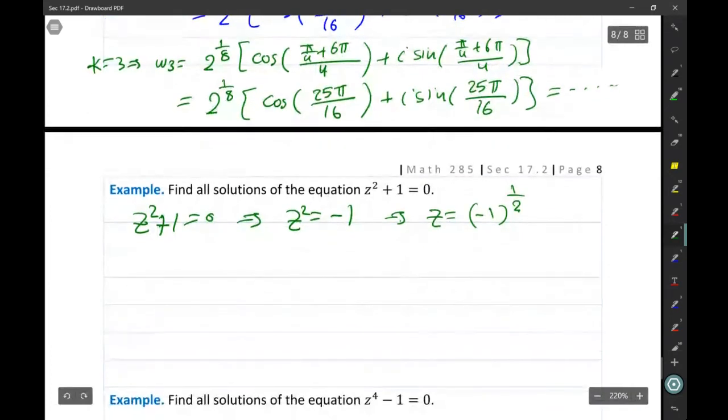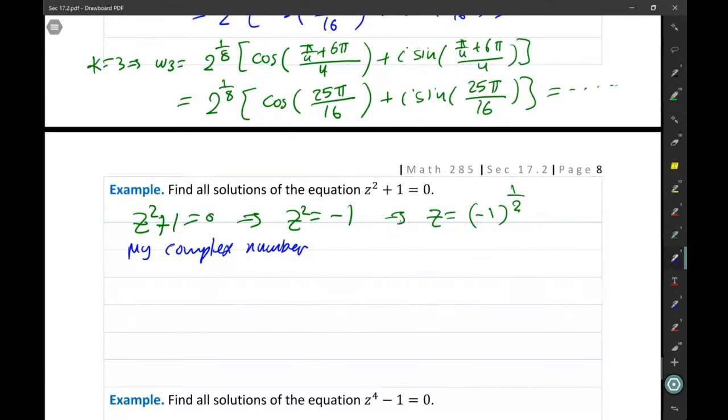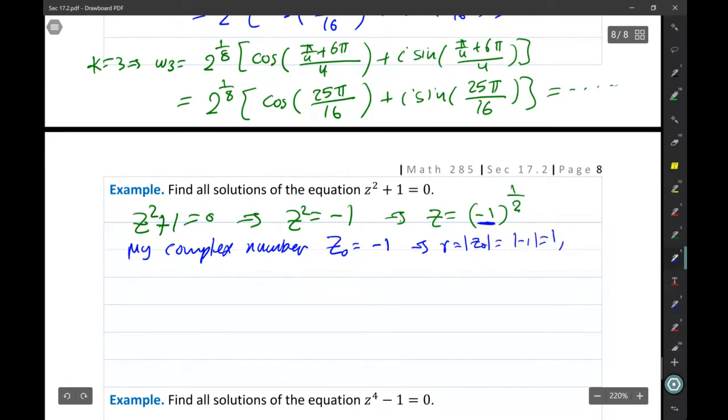Now let us call this complex number z naught, equal to minus 1, because this is the number whose roots I have to find. Then the value of r is equal to the modulus of z naught, which is the modulus of minus 1, which is 1.